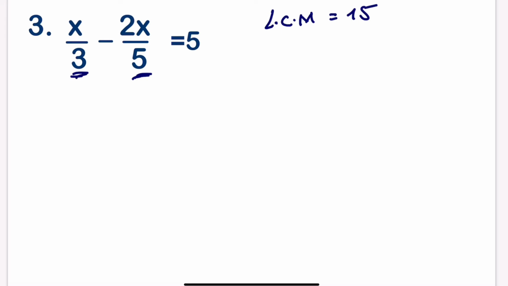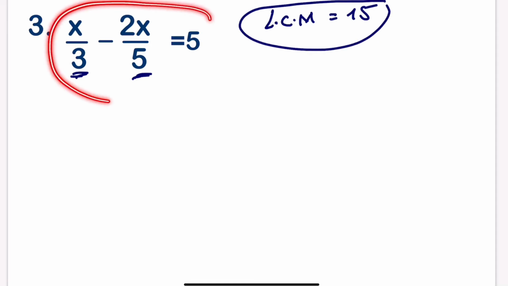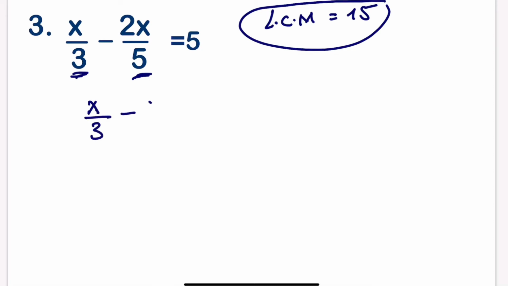Then we multiply all of the equation by the LCM, so we are going to multiply the whole equation by 15. First we write our equation: x over 3 minus 2x over 5 should be equal to 5.